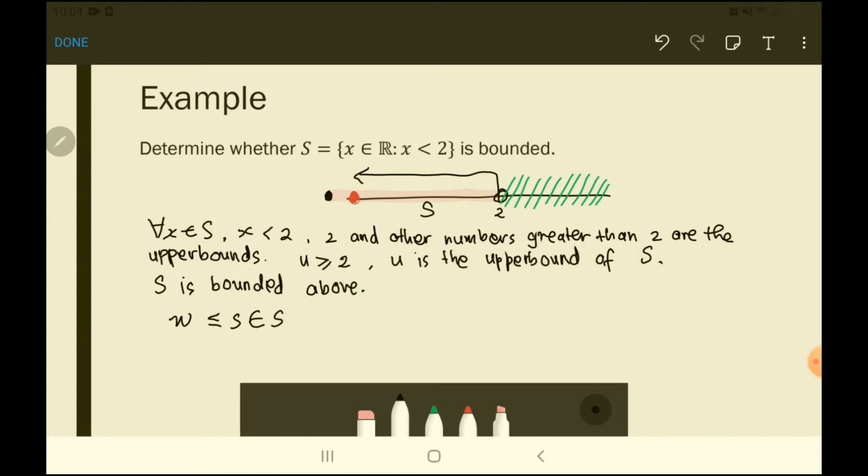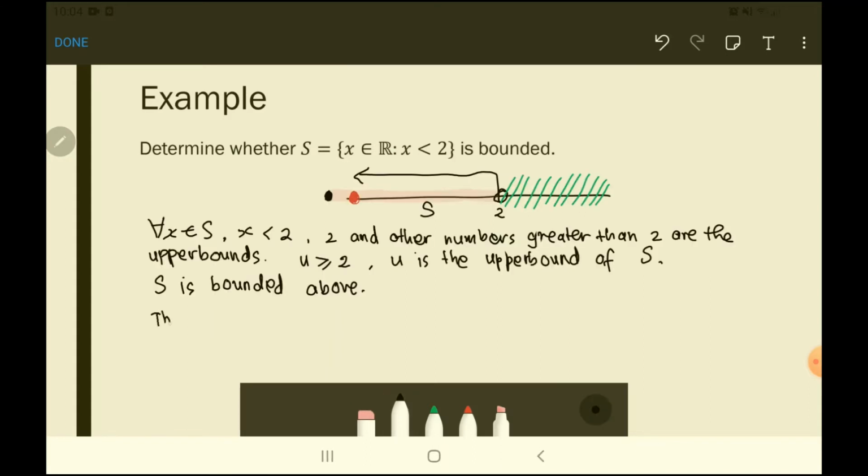So no matter how small a real number we pick, there will always be an element of S that is smaller. So we cannot find a lower bound of this set. That means we don't have a lower bound for this set.